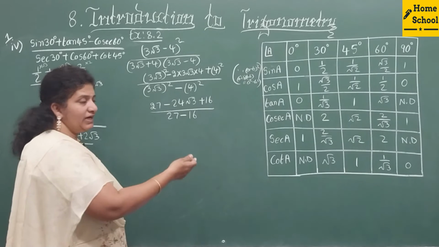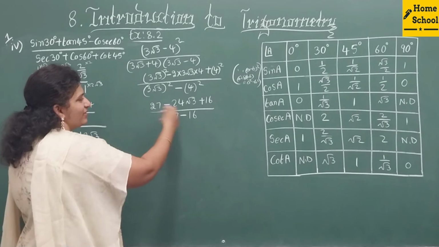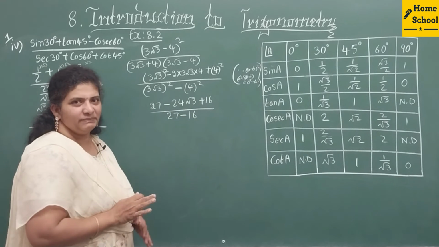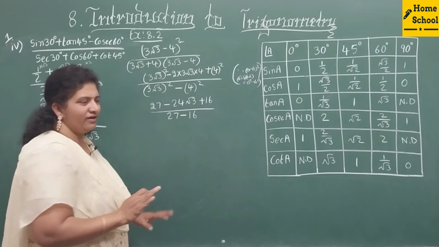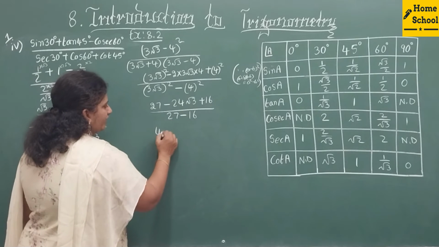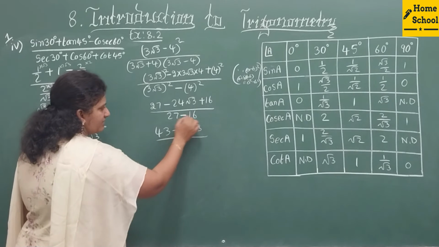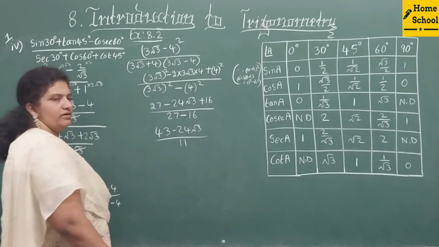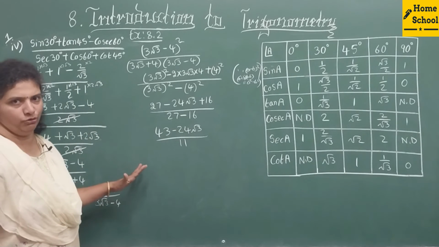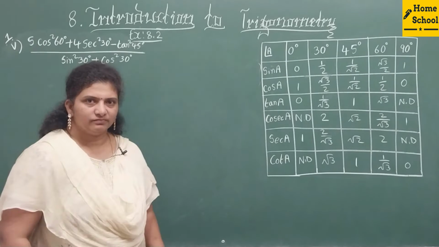Some children immediately make a mistake here: 27, 27, 16, 16, they will cancel. Please don't do like that. 27 plus 16 is 43 minus 24 root 3, by 27 minus 16 will be 11. Can you take anything common here? No. So this is your solution.